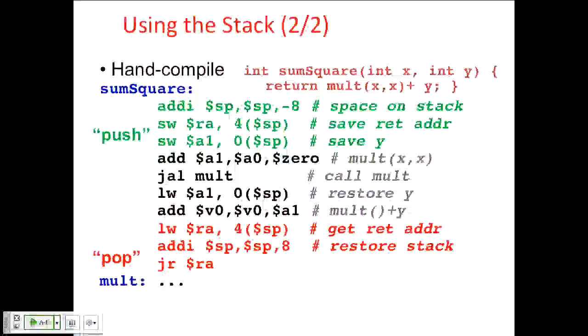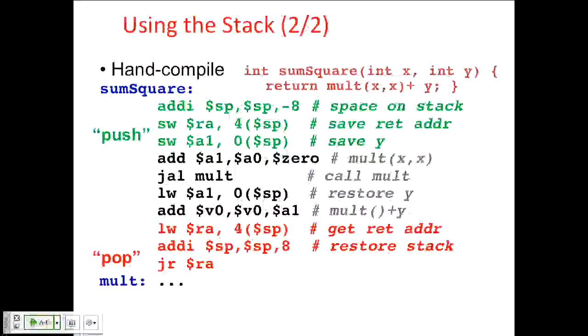That's the only reason it has the same value, because the callee was responsible for making sure that was true, and in this case had to save and restore it. If this function didn't call another function, it wouldn't overwrite RA, and you could just leave it in the register and it would be the same when you did the jump register at the end, right? But it's the responsibility of the callee to make sure RA is not changed.